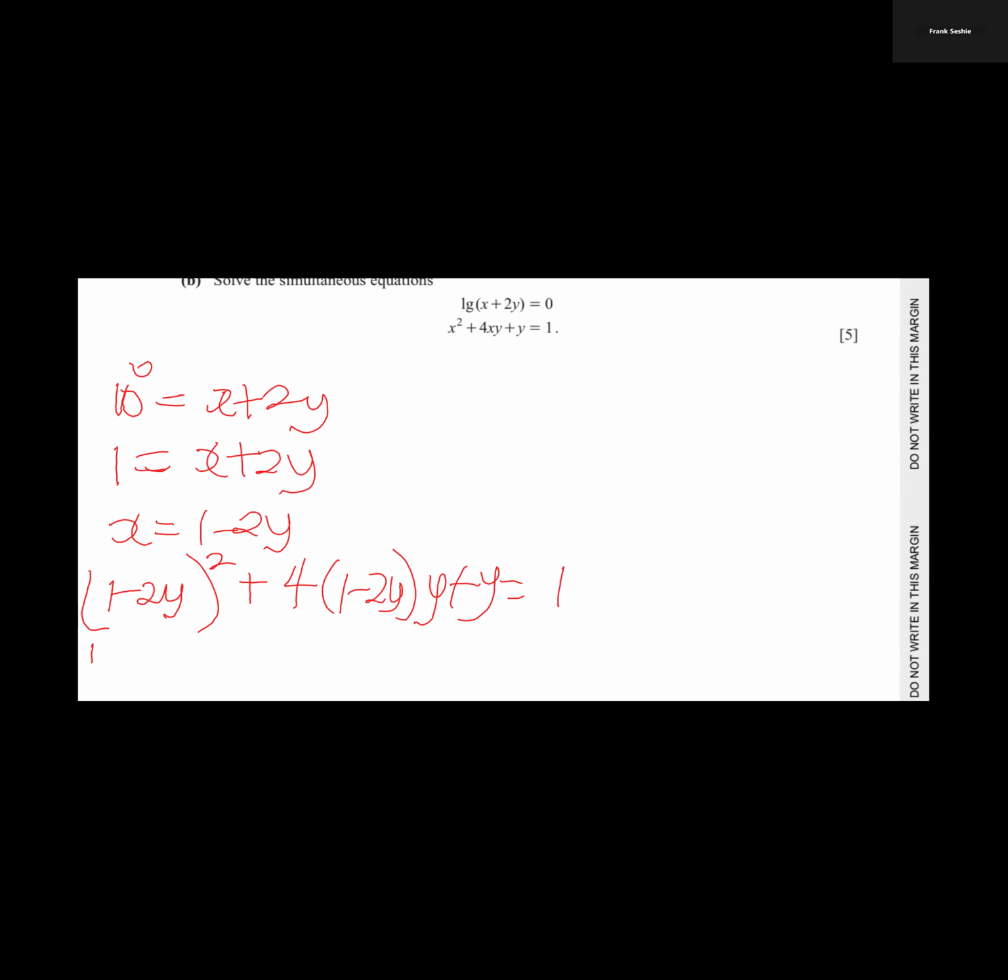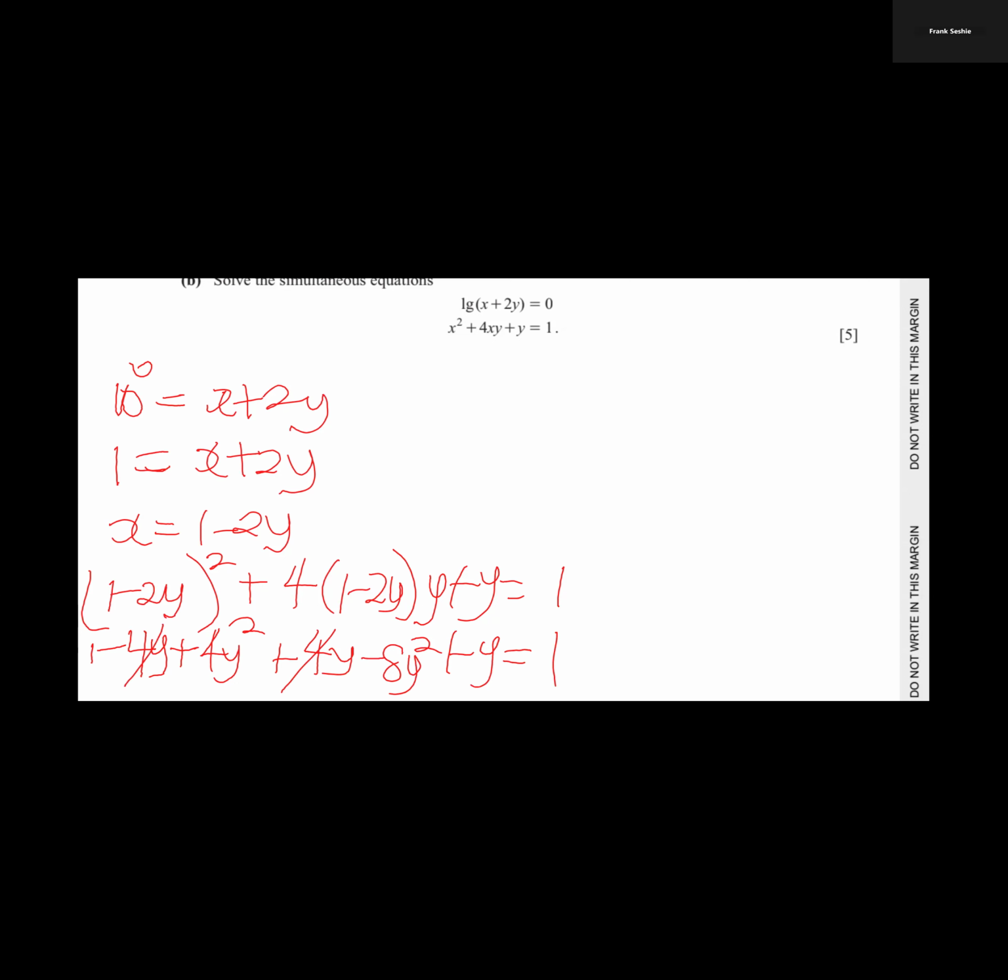We are going to get 1, then you have minus 4y plus 4y squared, plus this is 4y. I'm using 4 times y is 4y times 1 is 4y, 4 times y is 4y times that is negative 8y squared. Then plus that y is equal to 1.